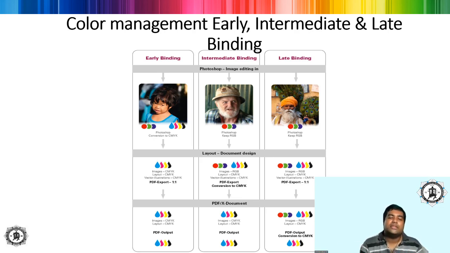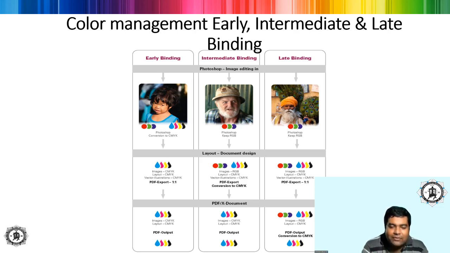So what is the difference between early binding and intermediate binding? In early binding, you are doing the CMYK conversion right at the beginning, while editing the image. But for intermediate binding, you are sending the media neutral file to the layout software. There you do all the layout work and editing if necessary, and while creating the PDF, when you are exporting the file into a PDF from the native layout software, you go for this conversion.